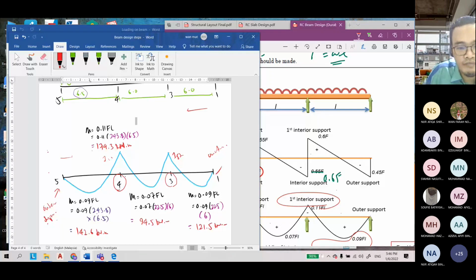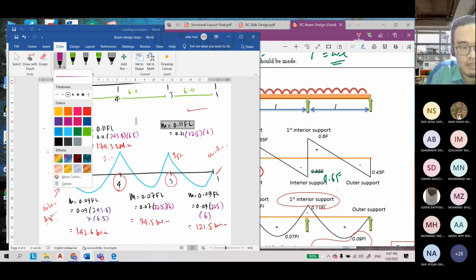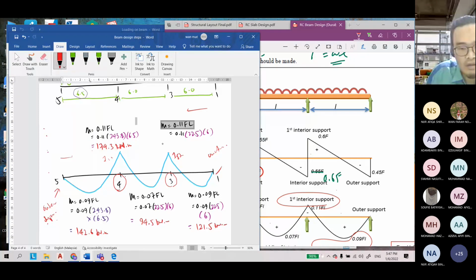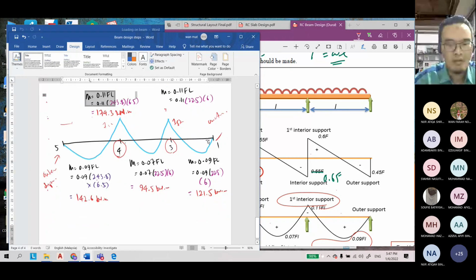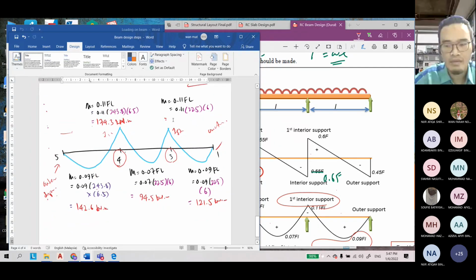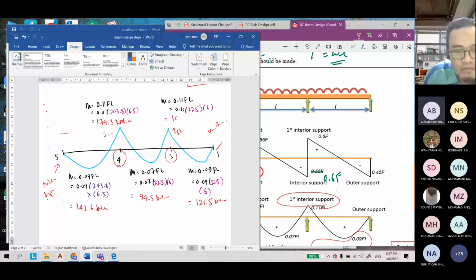And then here at this support, M is equal to 0.11 FL. It's similar, 225. For this case, it's easier to calculate 225 times 6. So what is the bending moment here? 148.5 kilonewton meter.